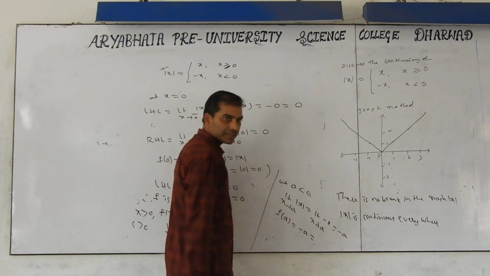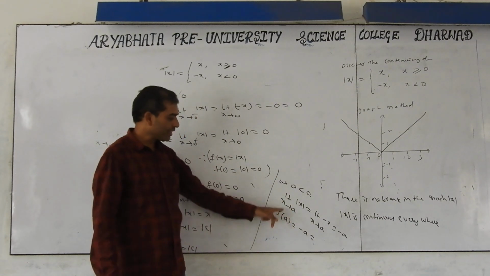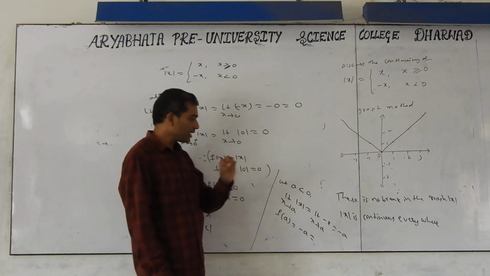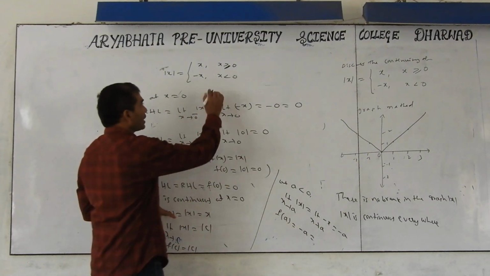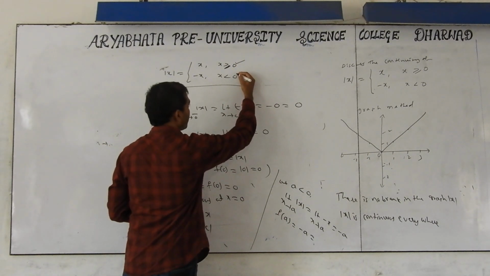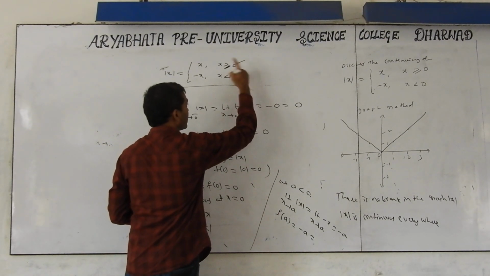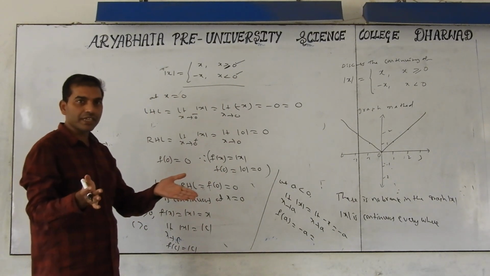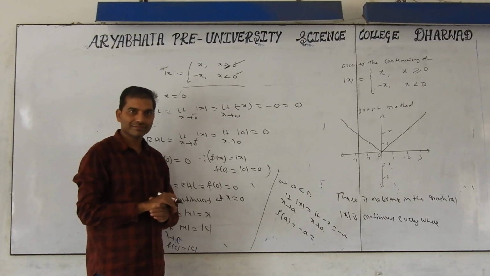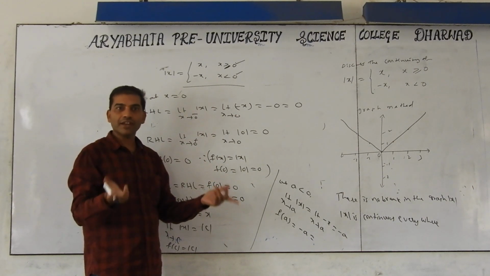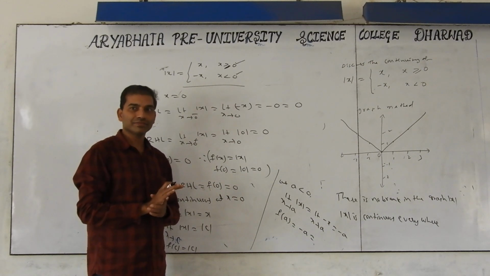So both are the same, left limit equal to function value. Therefore it is continuous. Here, if this function is given, you check the continuity at the changing point. If it is not changing, no need to check, because if it is not changing, left limit equals right limit, which equals the function value.